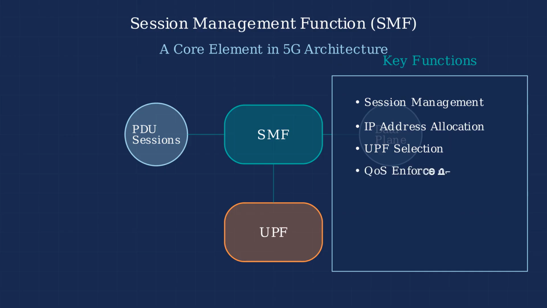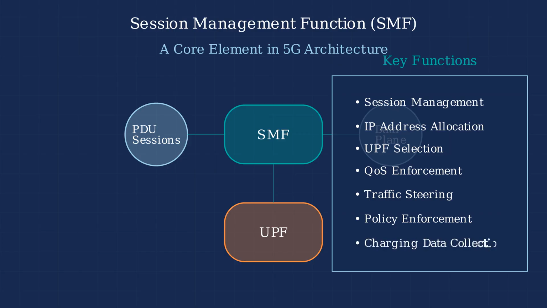Quality of service enforcement is another critical function, ensuring different traffic types receive appropriate treatment. Through traffic steering, the SMF directs data flows along optimal paths through the network. The SMF enforces network policies, working closely with the policy control function. Finally, it collects charging data for accurate billing of network services.